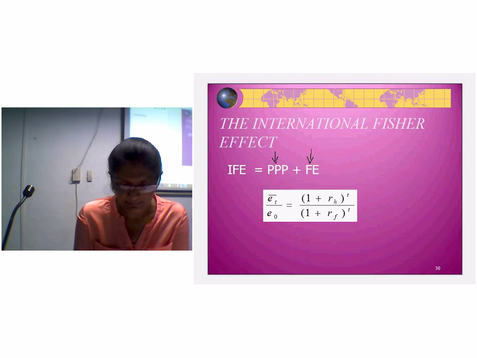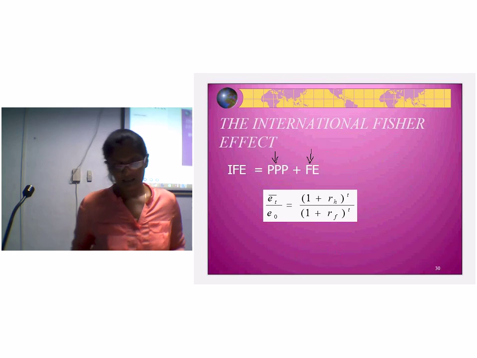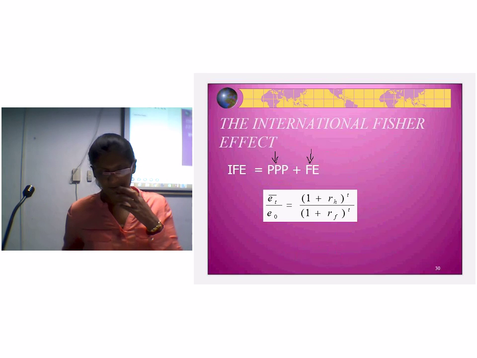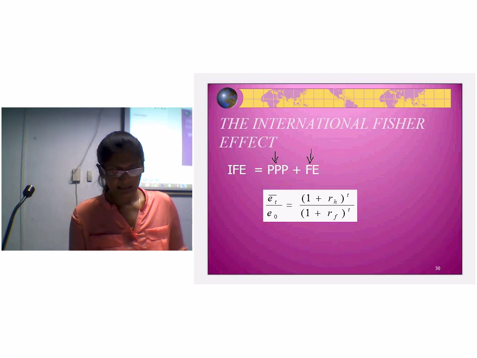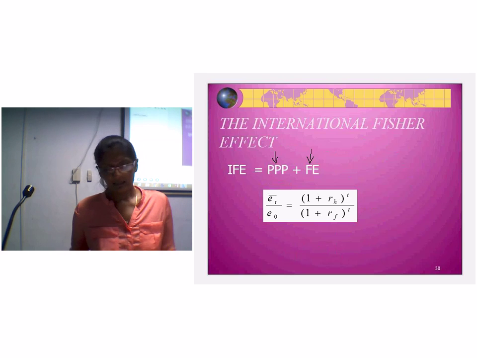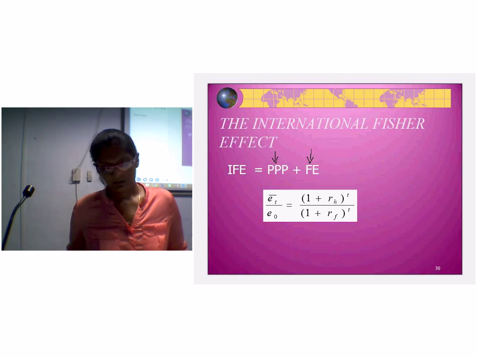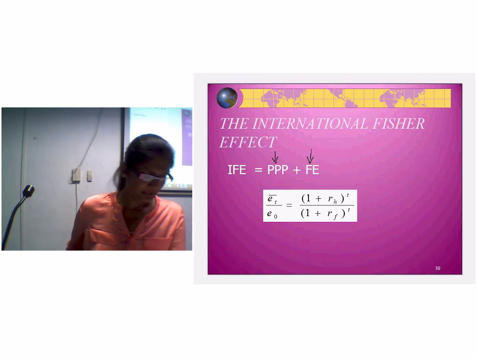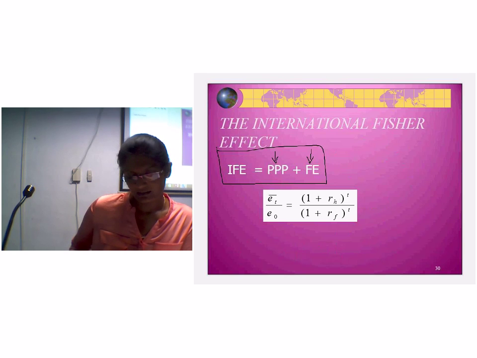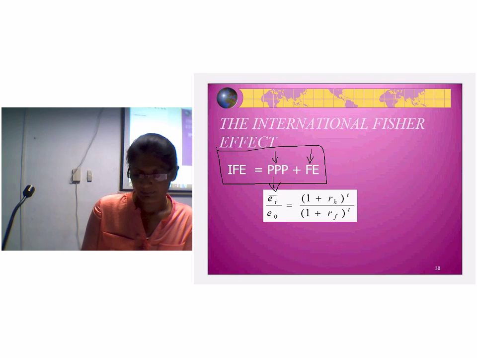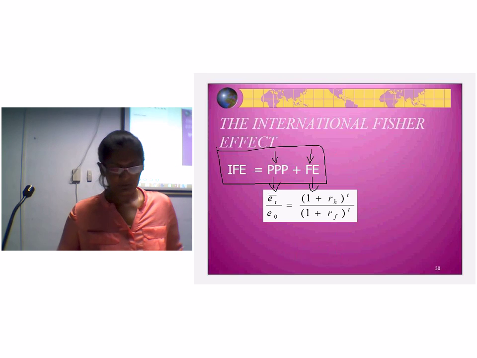Here, E T bar is the expected exchange rate in period T. If you have to calculate the international Fisher effect, we should know purchasing power parity and the Fisher effect. So it is a combination of those two.